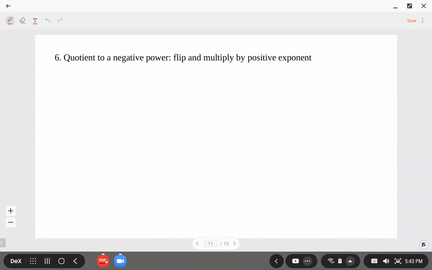So our last property, and this is a bit more complicated. Quotient to a negative power, it's going to be the same as our last one, but negative. And this is going to be a bit harder because with negative powers, you have to flip everything, right?